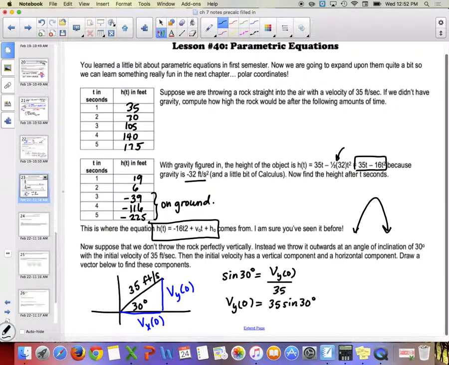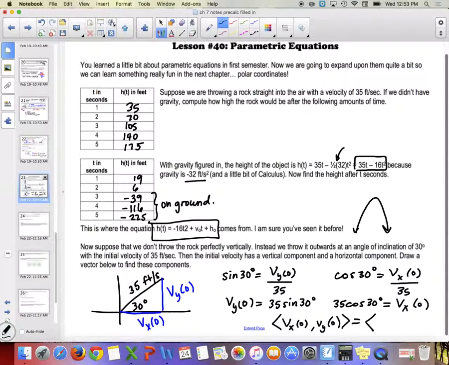Does that kind of remind you of vectors a little bit? What do you think the x component's going to be? Yeah, exactly. Do you guys remember when we were trying to get vectors in component form, but we just had the angle, what we would do? So for the initial velocity v sub x of 0 and v sub y of 0, we just take 35 cosine of 30 and 35 sine of 30.